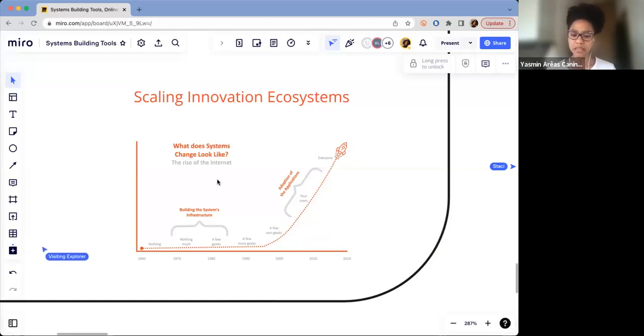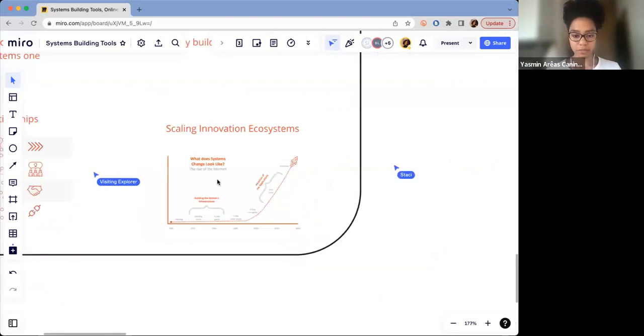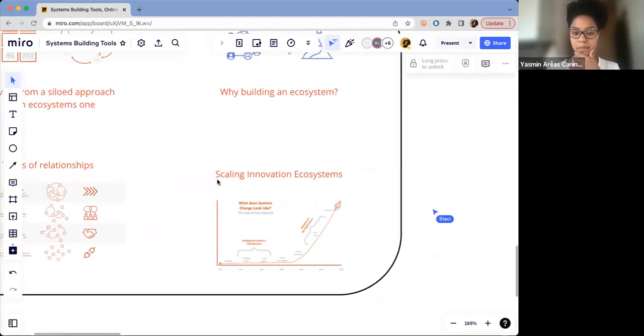So this is another example in the real world of existing innovation ecosystems that we see around us. So these were the main points that we covered last time.